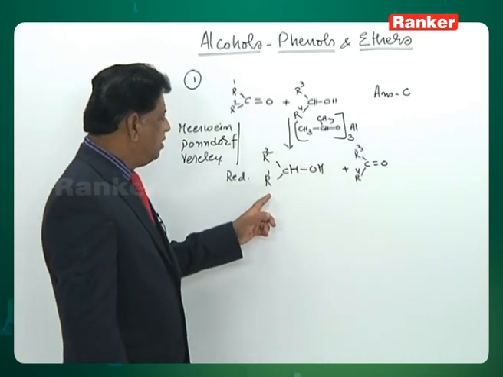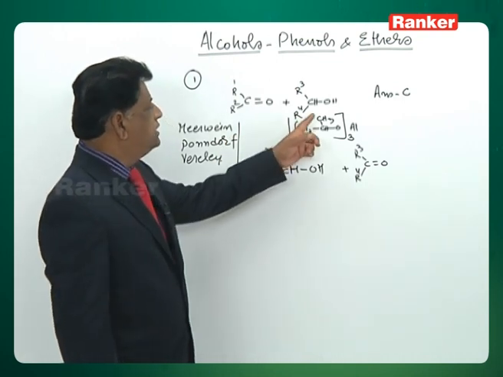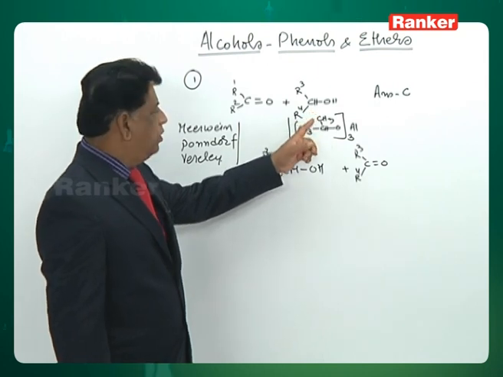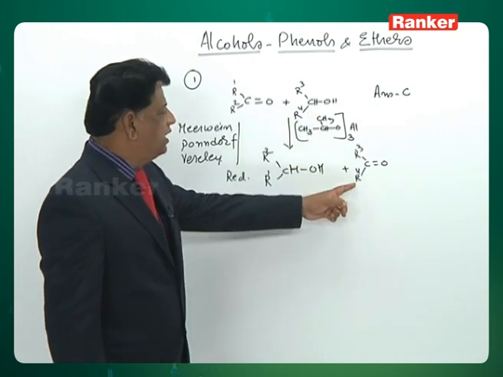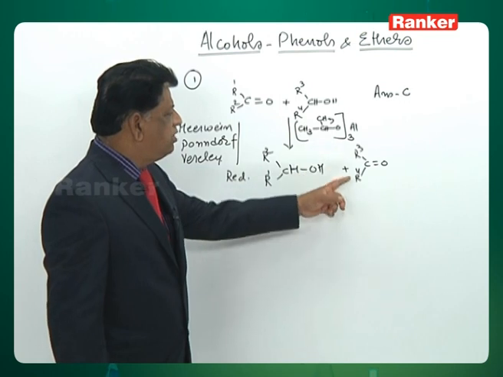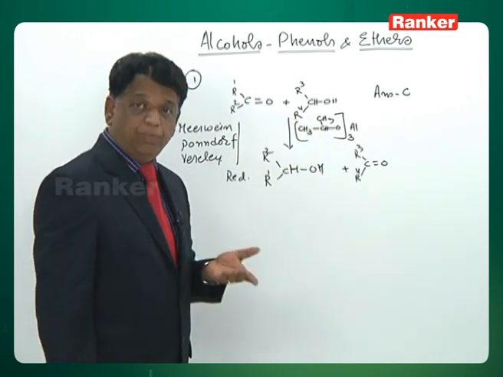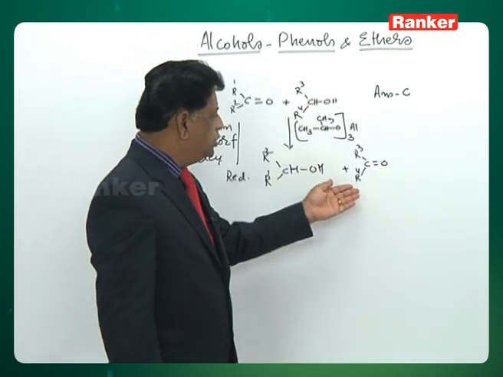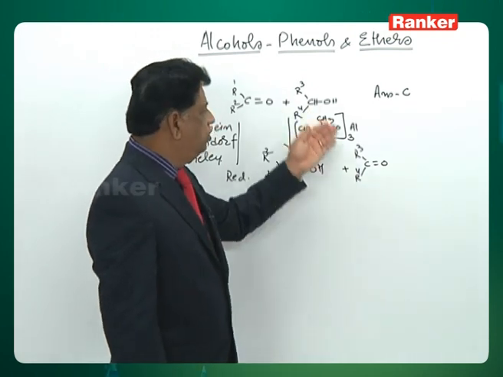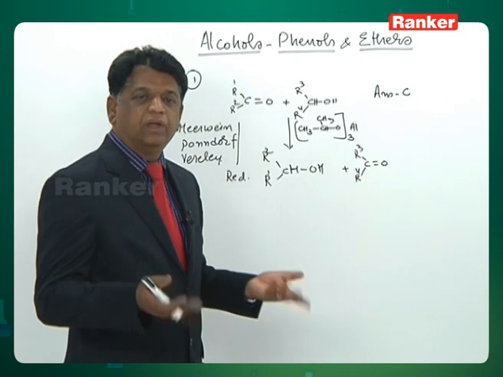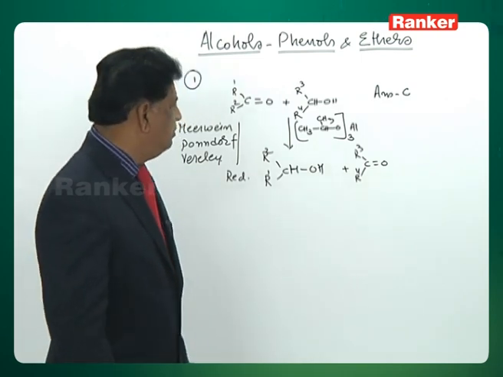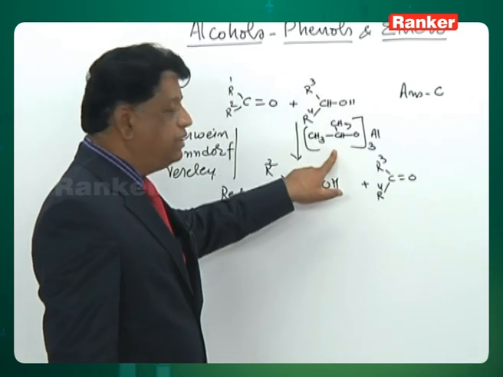If it is a costly alcohol, you use a cheap alcohol as a scapegoat, and that is converted into the corresponding compound. If these two are smaller members, let us say in the MPV reduction the alcohol is isopropyl alcohol, you get acetone as a product. These two, if they have low boiling point, when you heat it, it can be removed. Cost will be less. It will be exchanged with the reagent also.